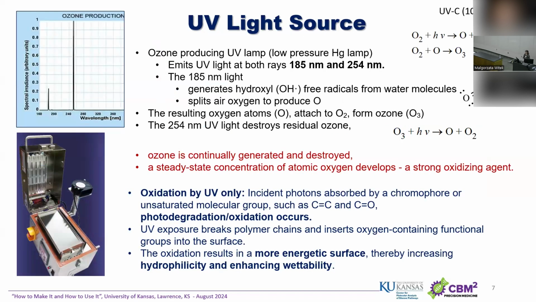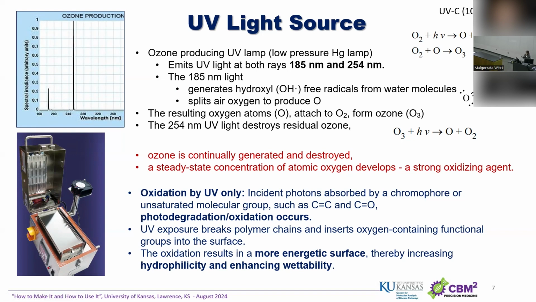What we really like to use in our lab, which we believe gives us much more reproducible results, is what's called an ozone-producing UV lamp. This is a low-pressure mercury lamp that basically emits two wavelengths, 185 and 254 nanometers.